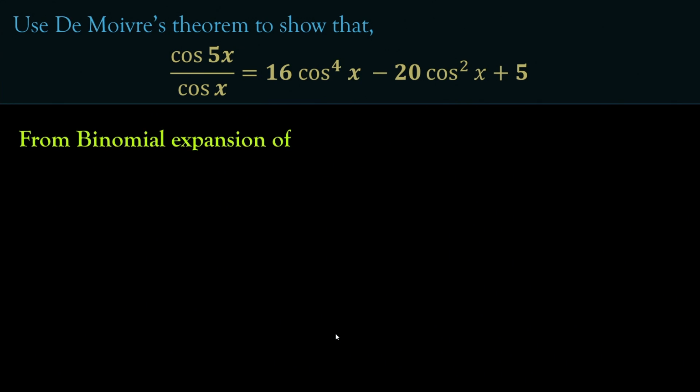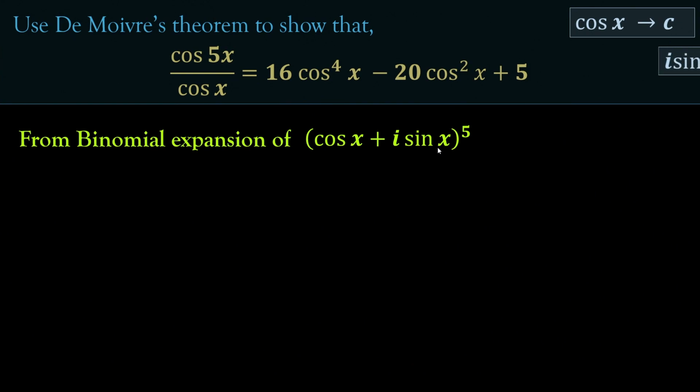By binomial expansion, again, I'm hoping that we know how to expand binomially. If we expand this binomially, what do we have? We have cosine of x plus i sine x, everything to the power of 5.